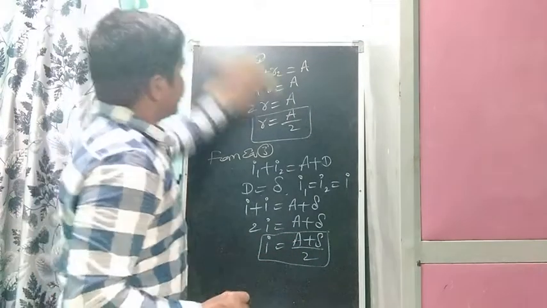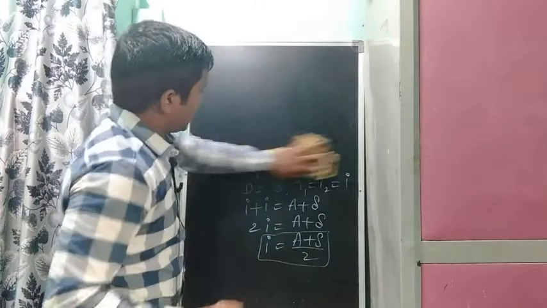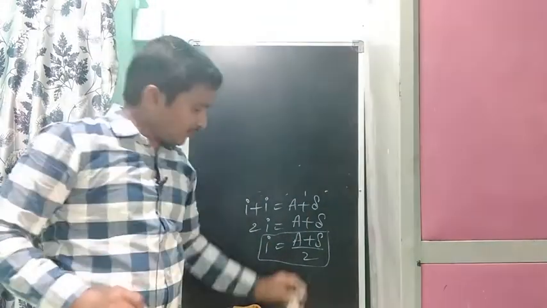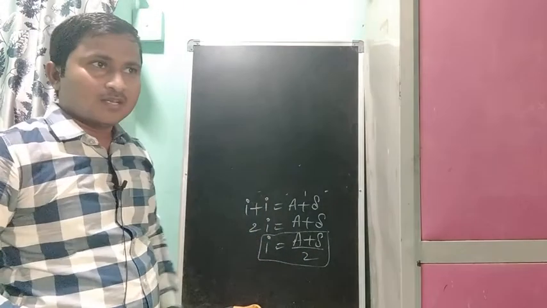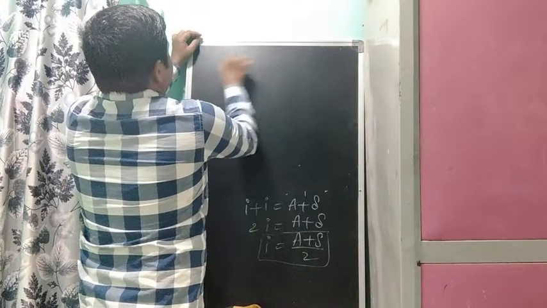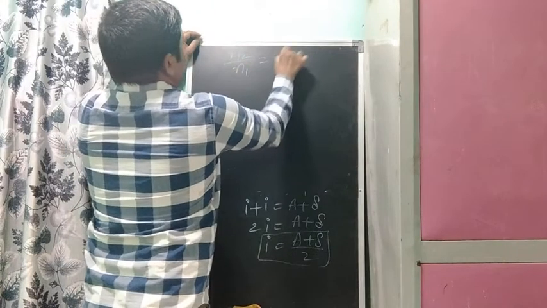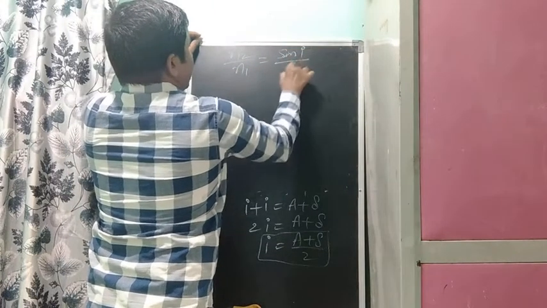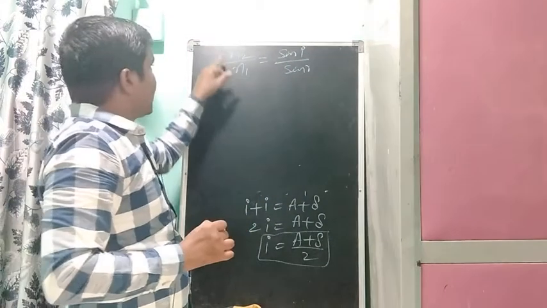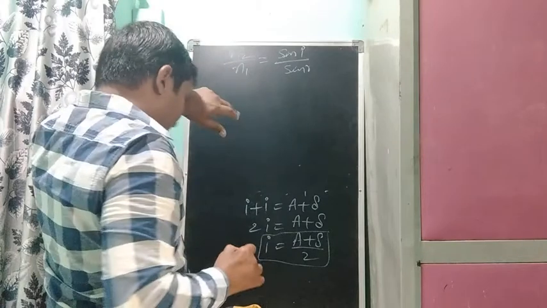Here, when the light undergoes refraction through the prism, it follows Snell's law. According to Snell's law, N2 by N1 equal to sin I by sin R. Here N1 is the refractive index of the first medium and N2 is the refractive index of the second medium.